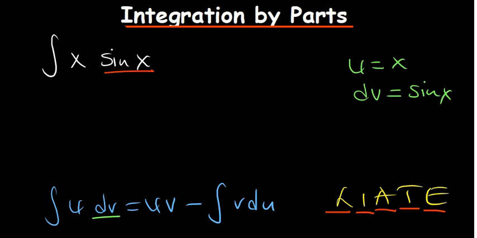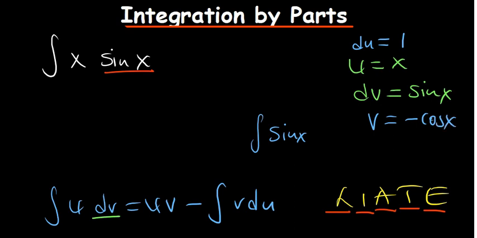So we can now determine our du. Our du is the derivative of x, which is 1, and our v is the integral of dv. So what's the integral of sin x? It's negative cosine of x.